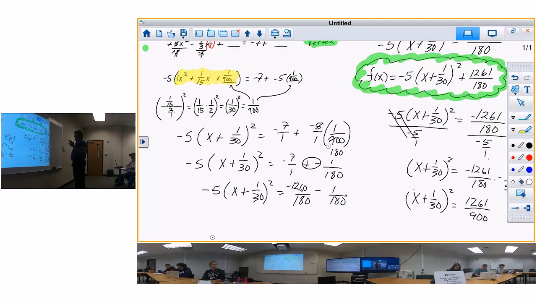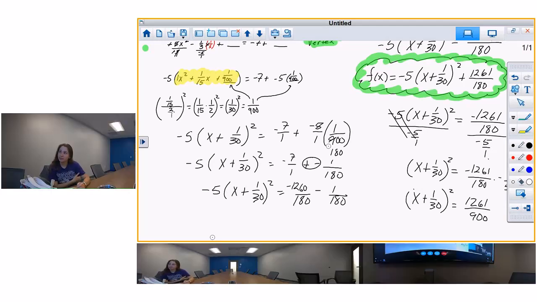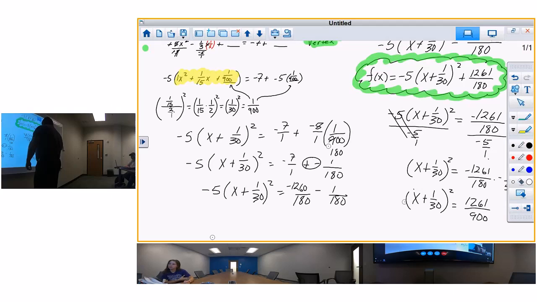I'm doing it in my head. 30 times 30 is 900, 35 times 35 is 1,225, so it would be between 30 and 40, I'd say around 35. It's 35.5. Okay, 35.5. So take the square root of both sides.